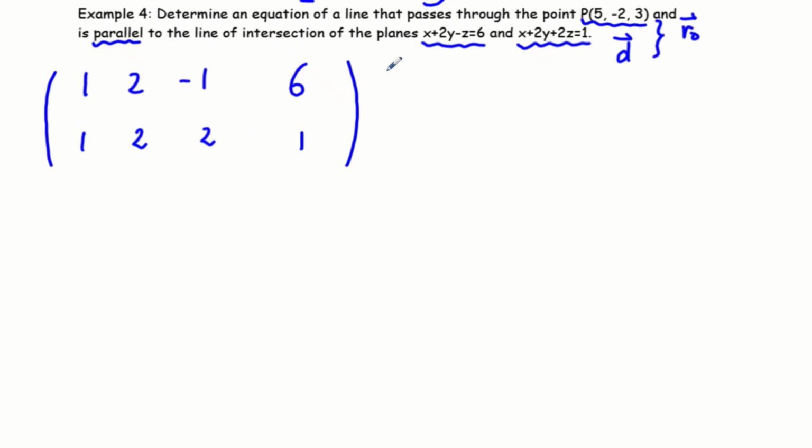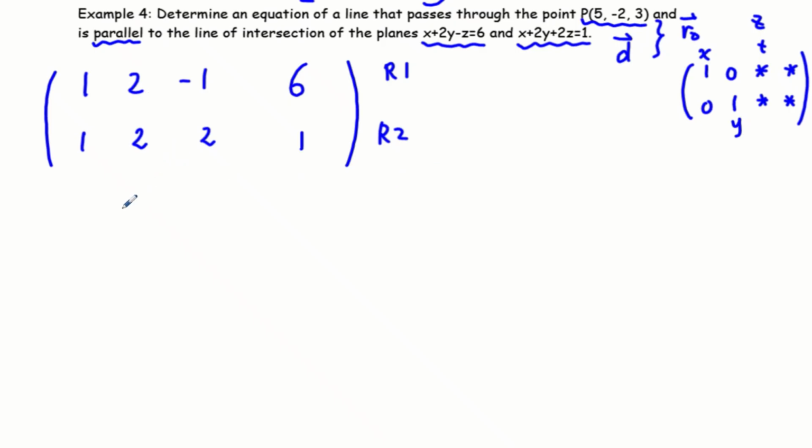So this is row 1, this is row 2, and we want to keep the first two columns, two rows as 1, 0, 0, 1. Then we have x something, y something. The t is, most of the time we let z equal t, but if z is a constant, then we let y equal t.